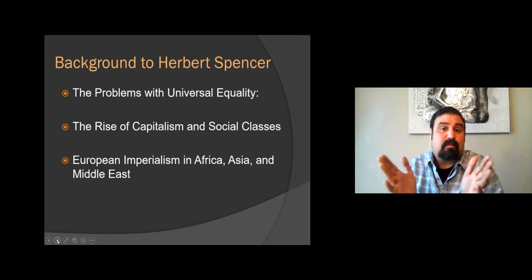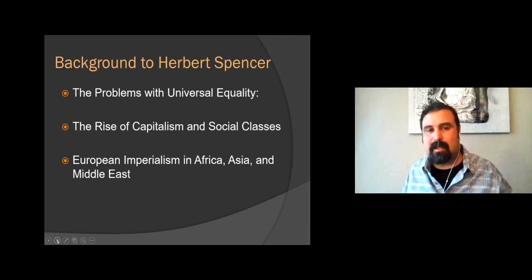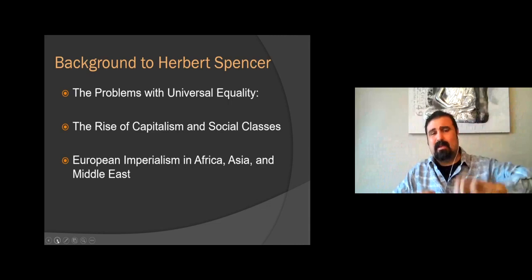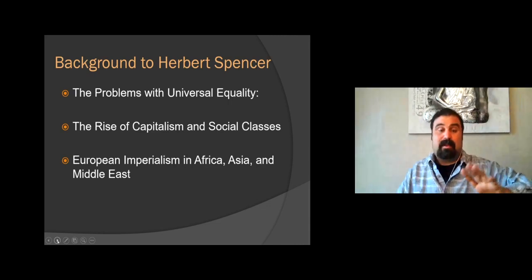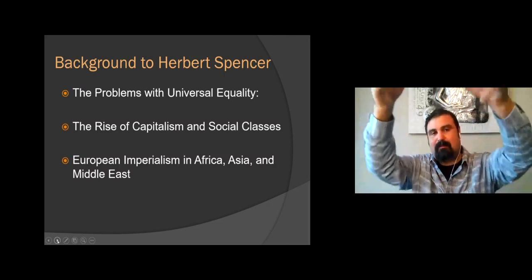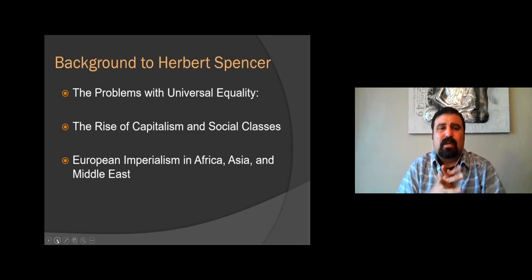So this was a problem for equality, because if you're trying to create equality, but we're functioning under a system that creates social classes or disparities of wealth, we have the vast majority on the bottom of society, some in the middle, and very few on the top. Again, that really poses an issue to equality.